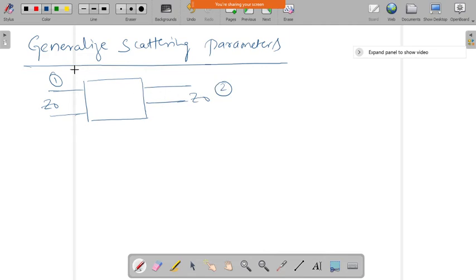But in a practical scenario, if I take some n-port network, all the port impedances will not be the same. Different ports will have different impedances, so we need to characterize generally with a different characteristic impedance for the different ports.